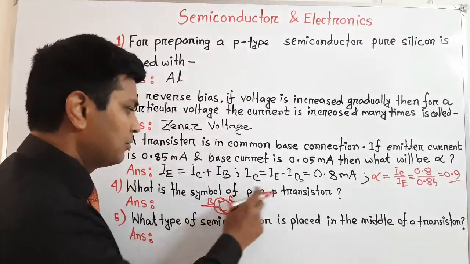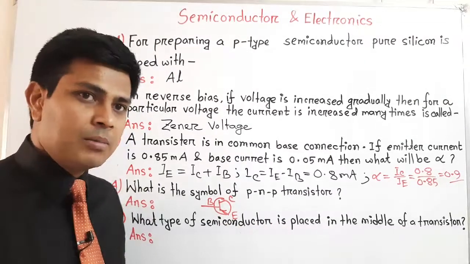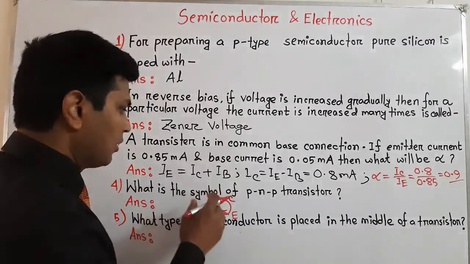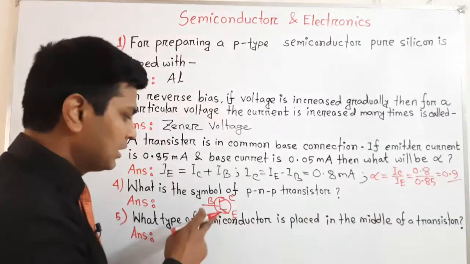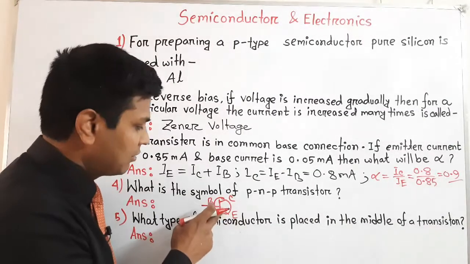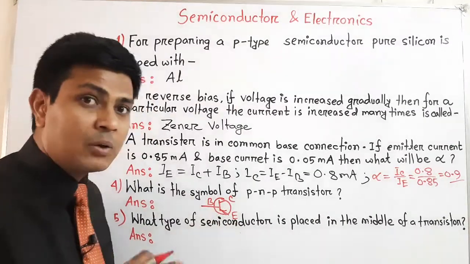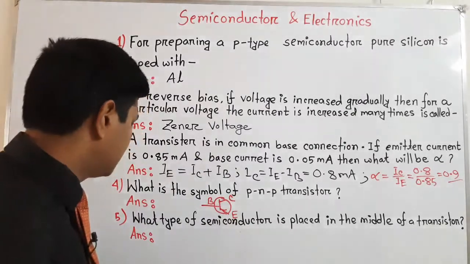This is the symbol of a PNP transistor, but in the symbol of an NPN transistor, the direction of the emitter current will be outward.